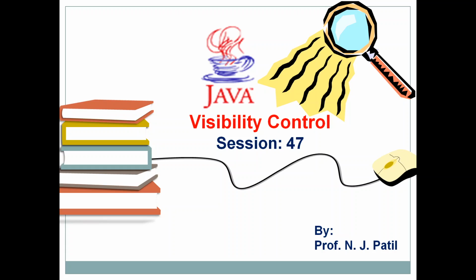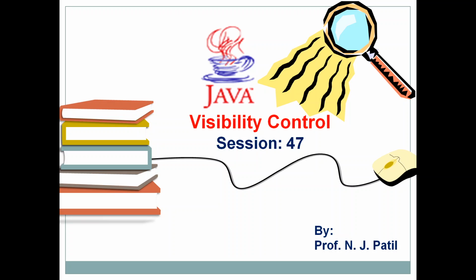Visibility control, which is also called visibility modifiers or accessibility modifiers or accessibility control, is used to control the visibility of data members in the class.